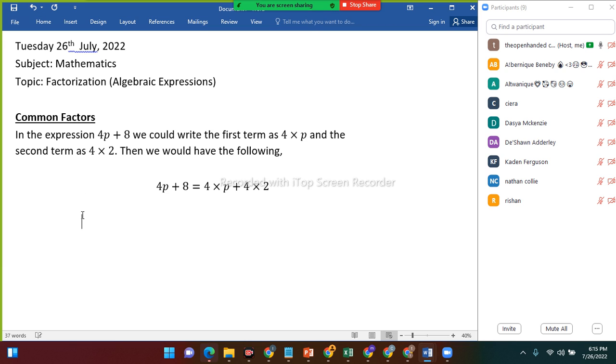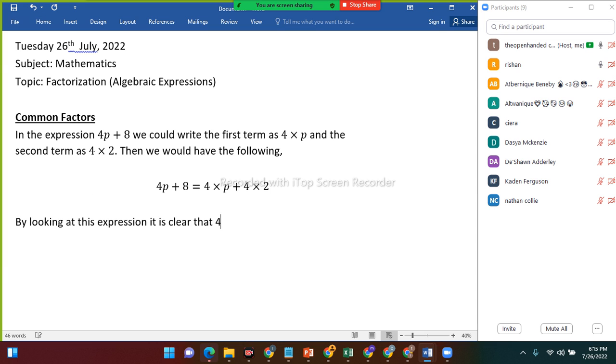Now, by looking at this expression, it is clear that what is the common factor? What number would you say is the common factor?